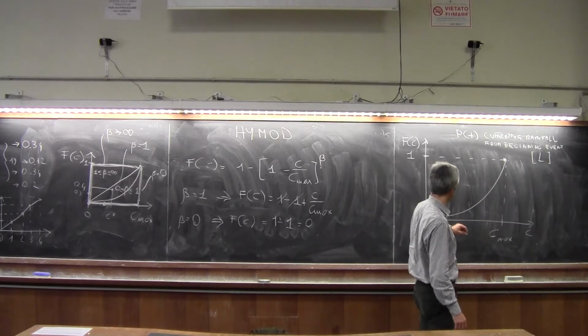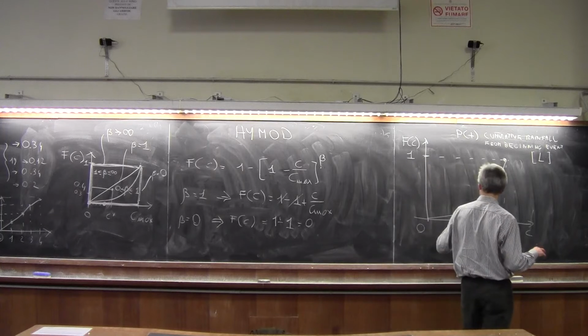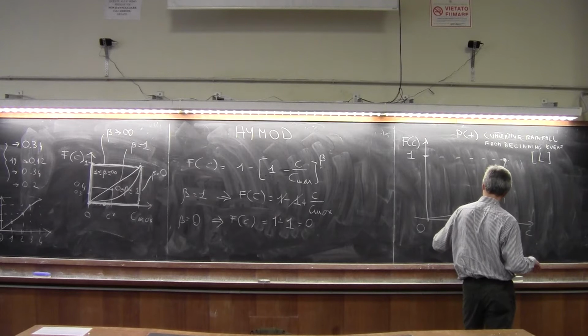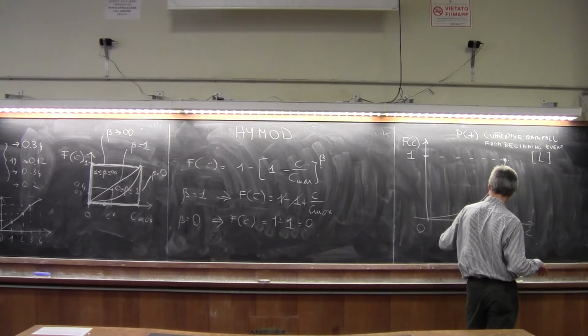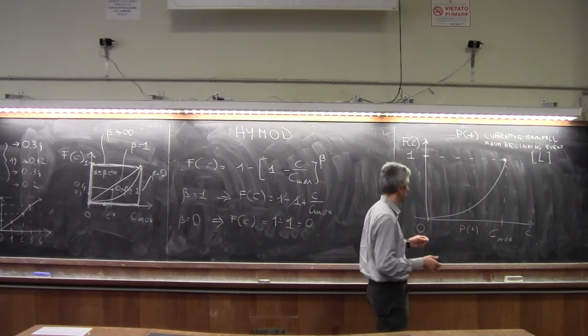Now let's suppose that at a certain time we have a rainfall P star. Or let me call it PT, it's fine.